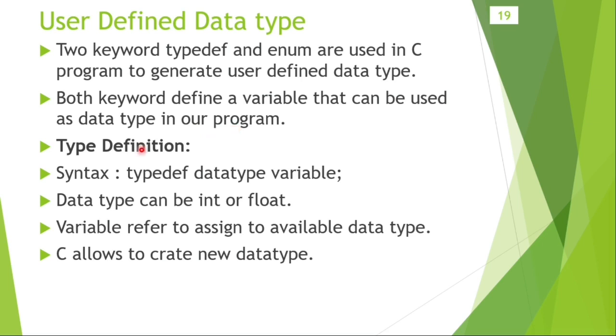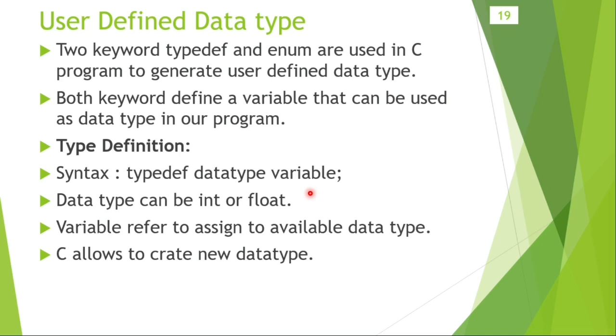Okay, so let's check type definition. The full form of typedef is type definition. Syntax is typedef, data type. What is the data type? Int, float, character, whatever. Then variable. So your variable carries which data type?